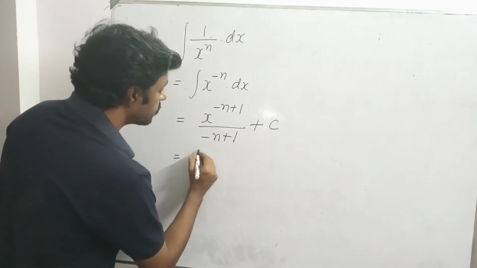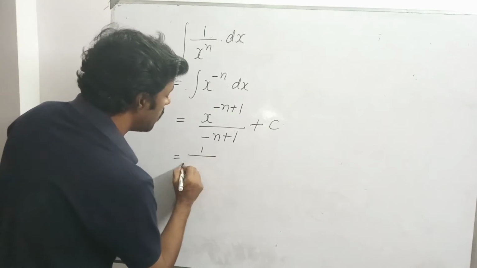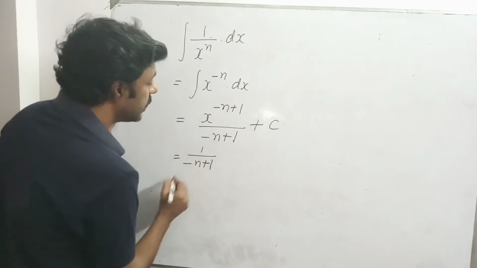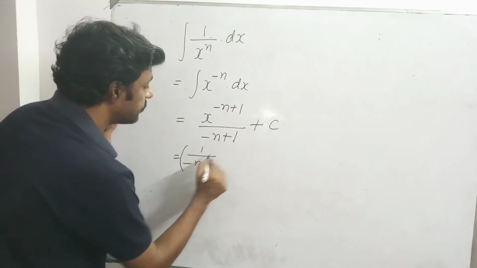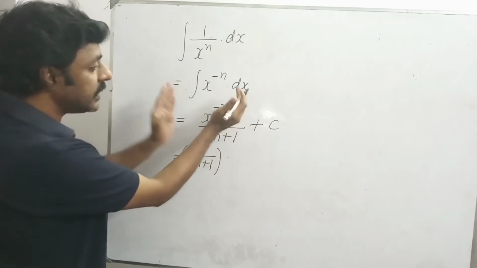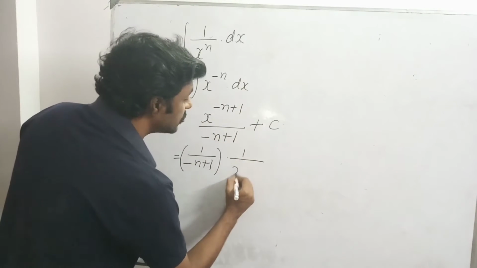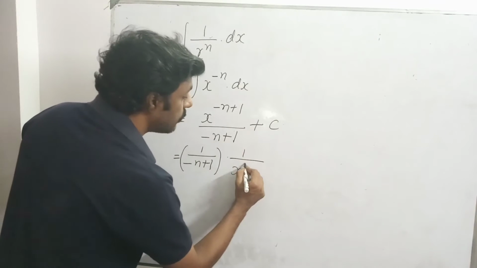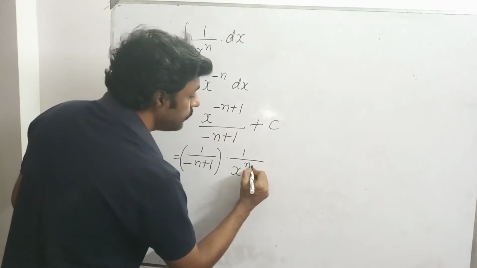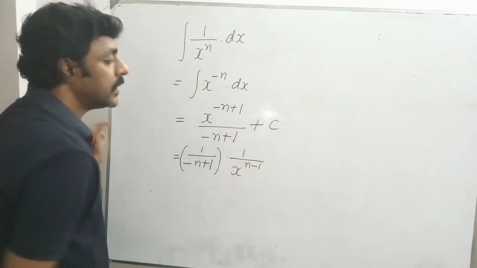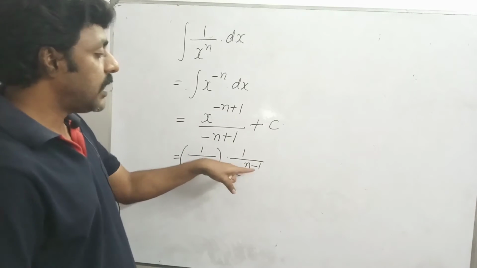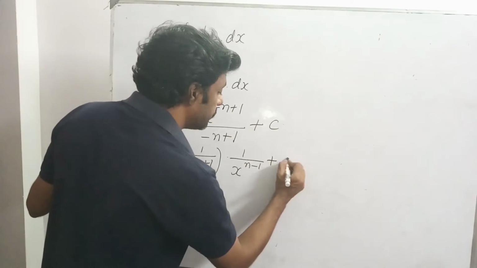So it will be 1 divided by minus n plus 1, keep this term as it is, and now I am going to bring this term to the denominator. So it will be 1 divided by x to the power minus n will become plus n and plus 1 will become minus 1. x power n minus 1 plus c.